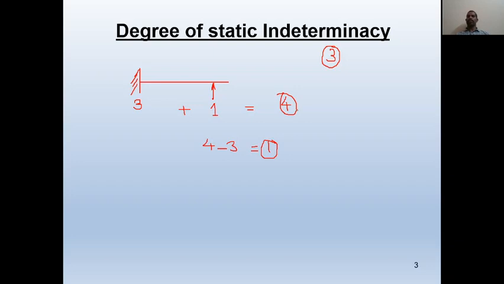That equation is determined from the compatibility condition, that means deflection. Based on deflection and slope equations we are going to find out that particular extra equation. So that is the idea.